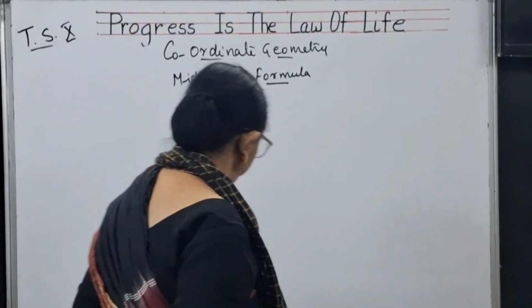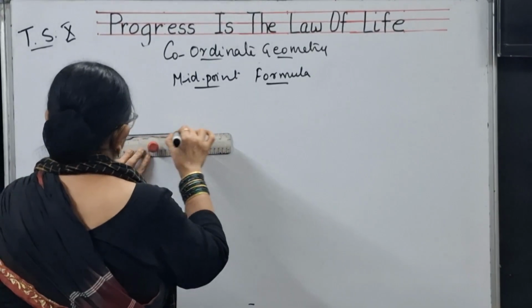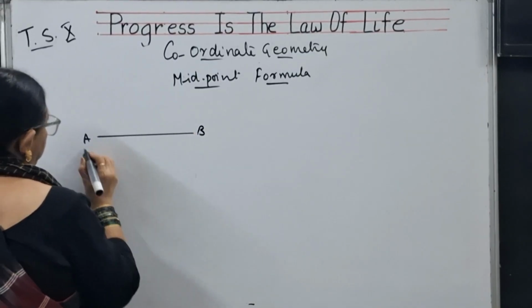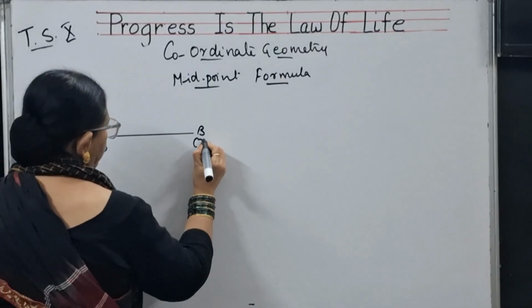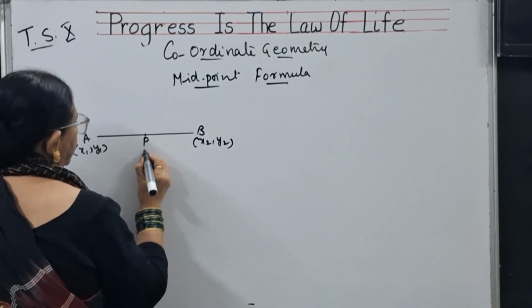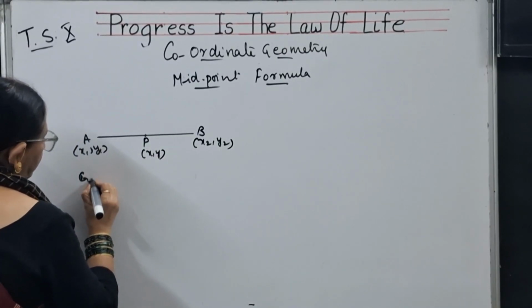Now let us derive the midpoint formula. Let us have a line segment AB with coordinates x1, y1 and x2, y2, and P with coordinates x, y. So what is given?